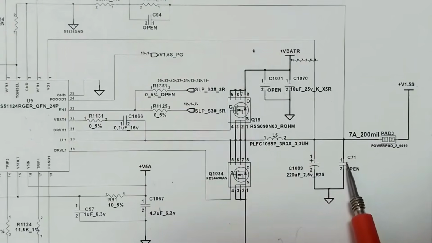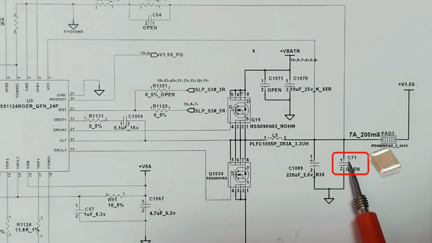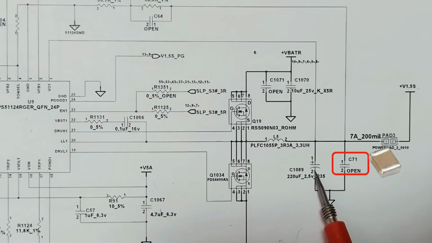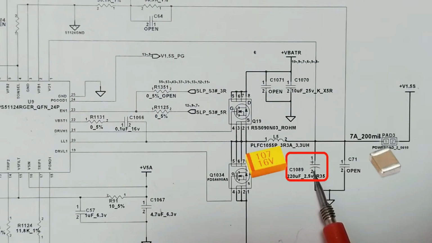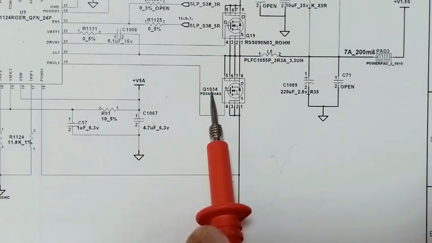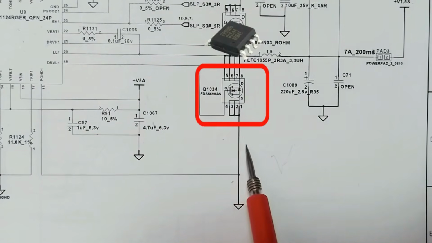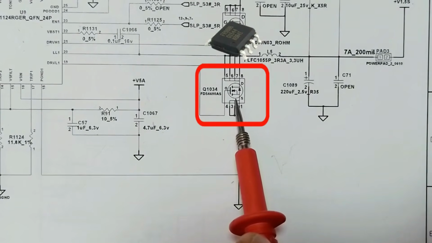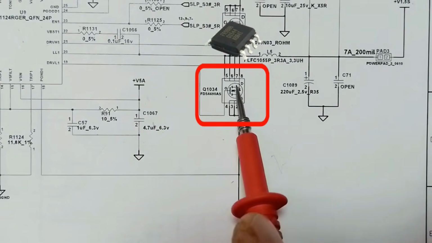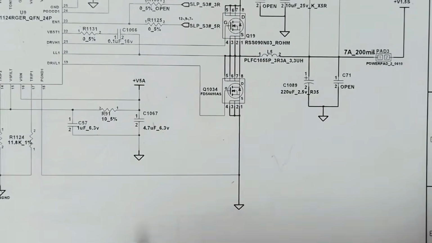So this capacitor C71 could be the failed component because it is connected to the ground. This could also be the shorted component, C1089, this electrolytic capacitor. Here we have Q1034, the MOSFET, also connected to the ground. This is also a probable cause of this failure.